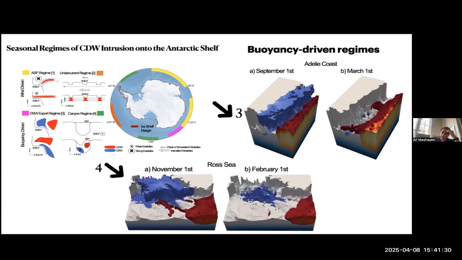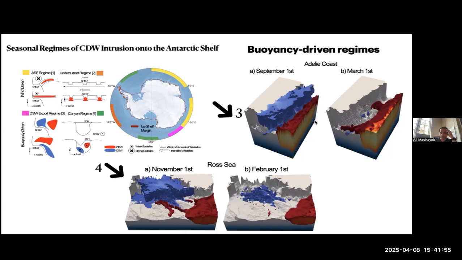And then you have also other regimes where you have topography, and this is where you have canyons, and you can form shelf waters, and you can have the circumpolar deep waters. They can come together. Topography can play a role. You get a geostrophic adjustment, and through that, basically, you get some level of mixing where you can get more heat supply to the ice shelves than you normally would.